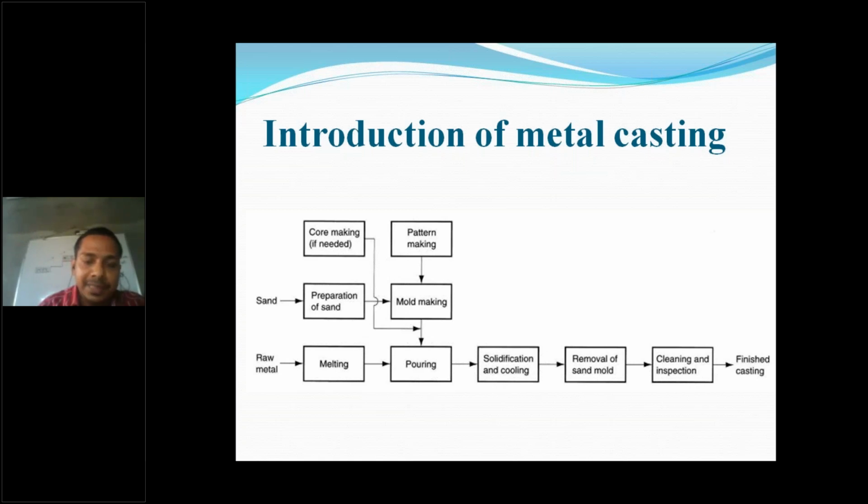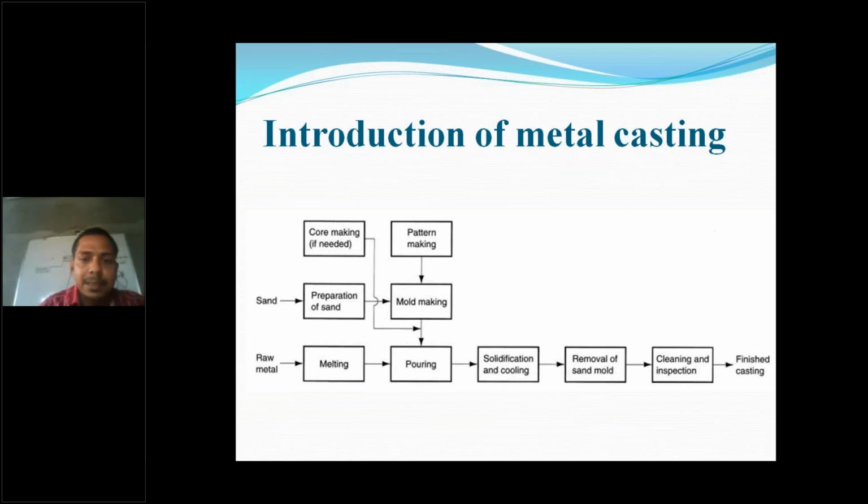After that we place the core in the cavity. And not only the cavity or core, we also require a channel through which we pass the liquid material. This channel is properly designed, and it is called the gating system. So the mold cavity with the gating system is one stage.